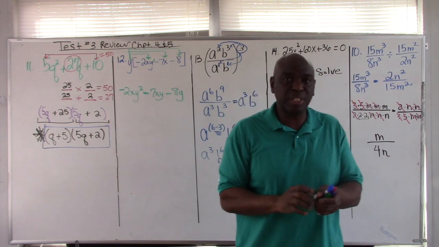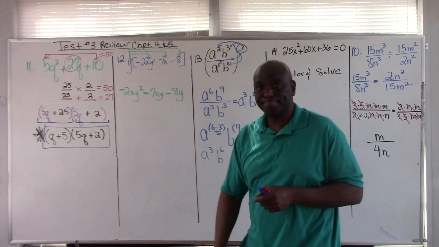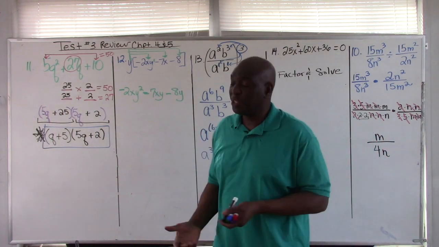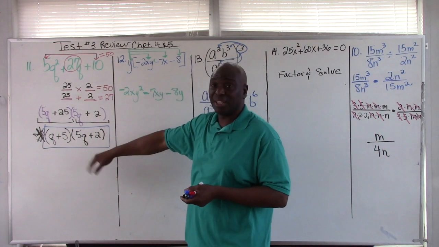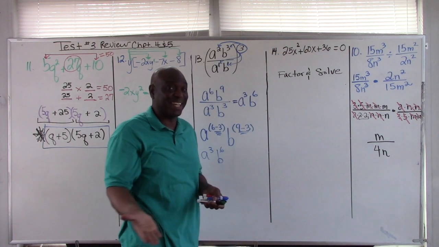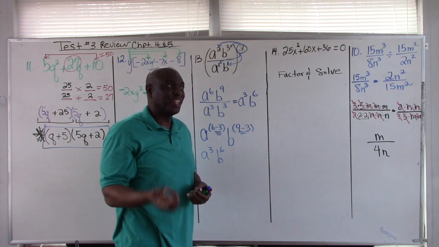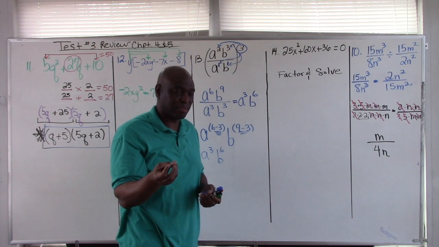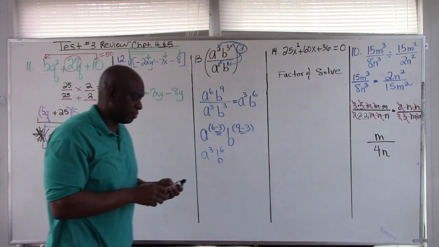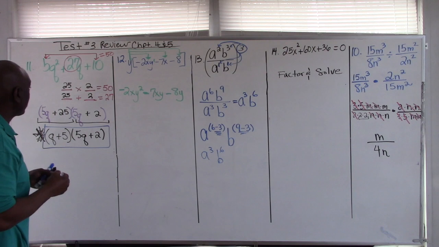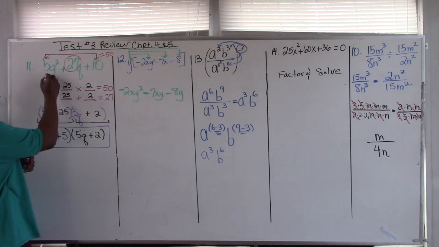Please notice that 14 is very similar to number 11. Okay? You see how I factored number 11? We have to factor 14 now. Alright? The only difference is, notice this. In number 11, 5q squared, this is what?